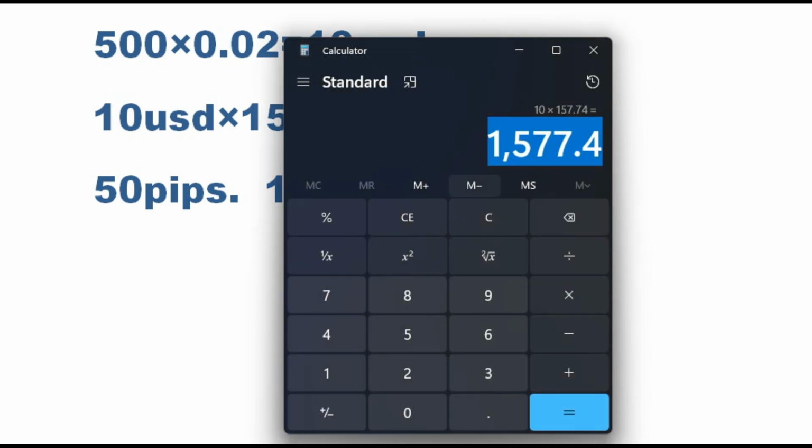We divide by 50, and this gives us 31.548.